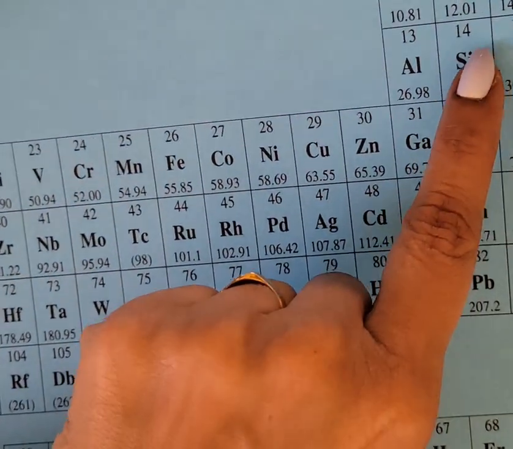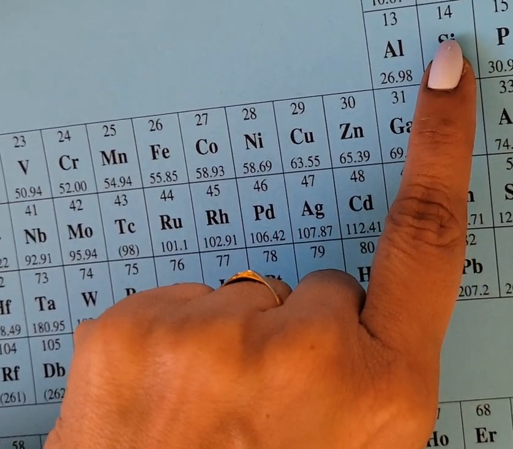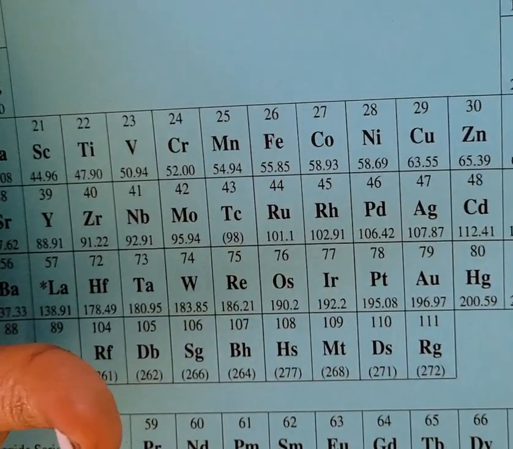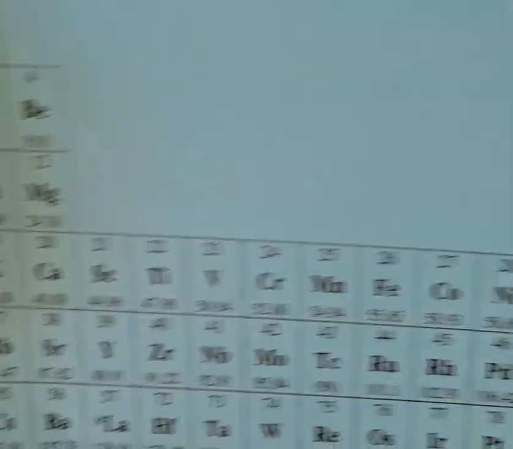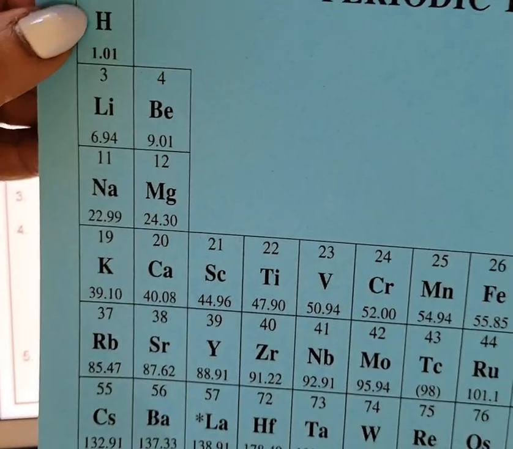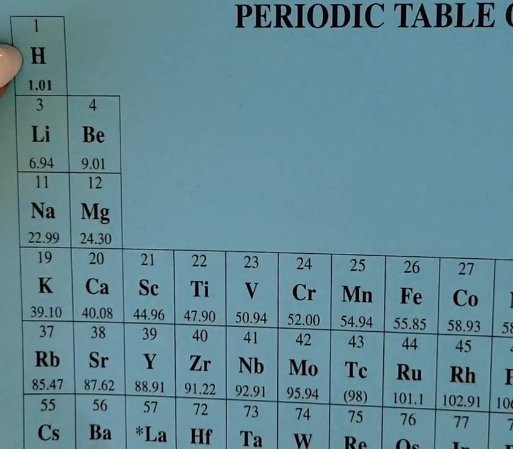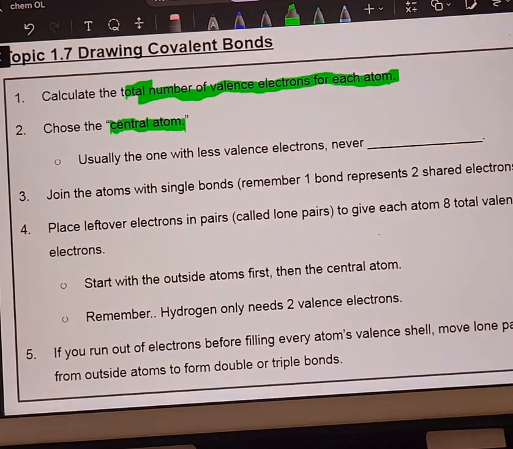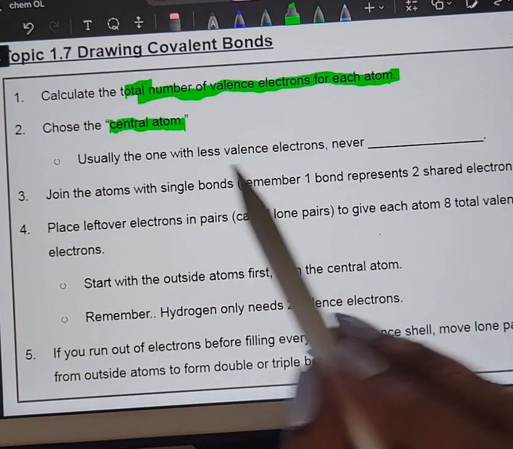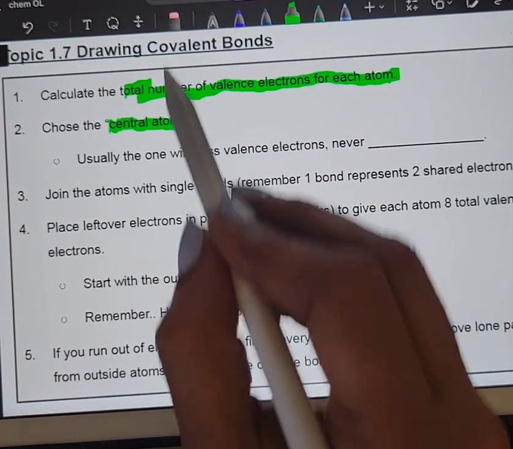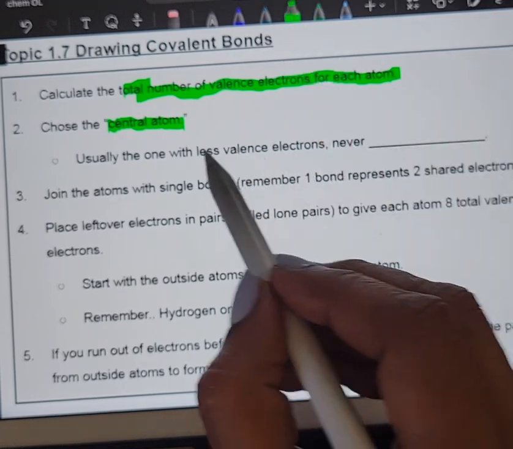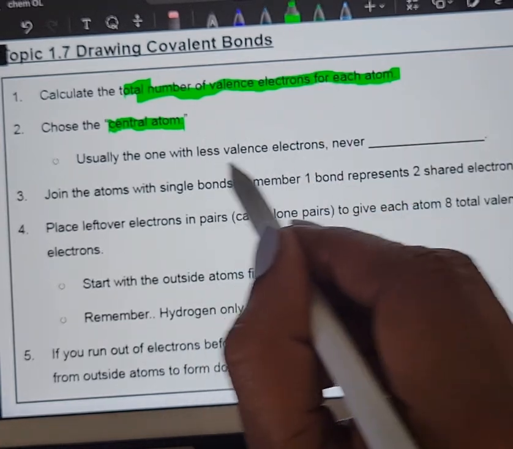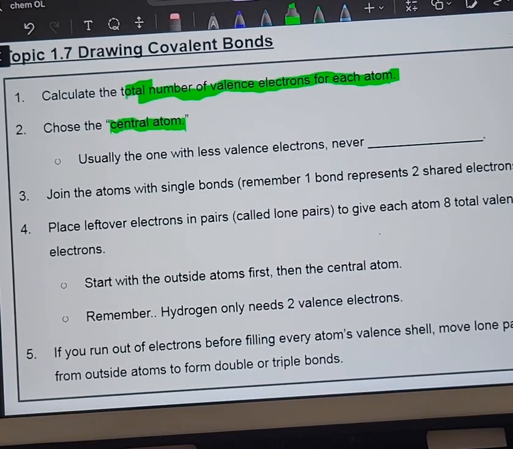Always on your periodic table, the left side atom will go in the center. Exception, hydrogen, since it's too small, it can't go in the center. Always the atom with the fewer valence electrons, which is the left side atom, will go in the center.